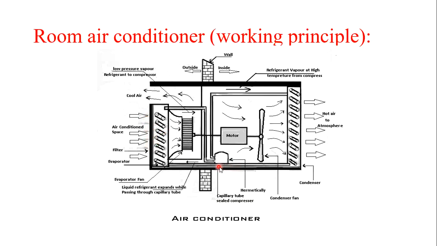From the capillary tube, low pressure, low temperature liquid refrigerant enters this evaporator coil. When the air is passing towards this evaporator coil, the heat present in the air is absorbed by the refrigerant moving in this evaporator coil. Therefore, we get cool air from this evaporator coil. This cool air is circulated once again into the room.